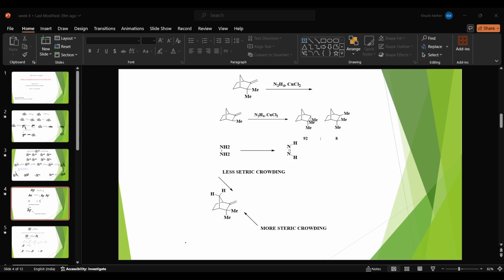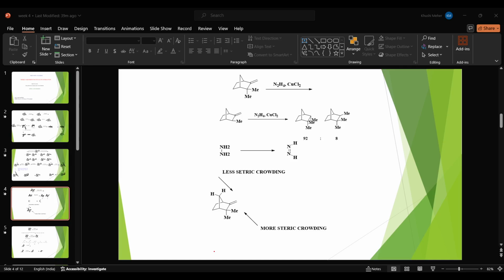In this case, the bottom face has more steric crowding compared to the top face. This one is our top face, and this one is our bottom face.